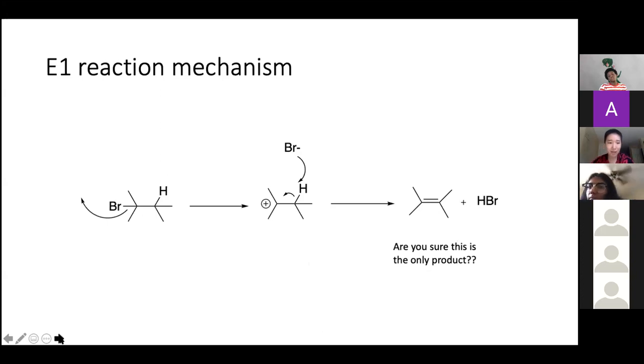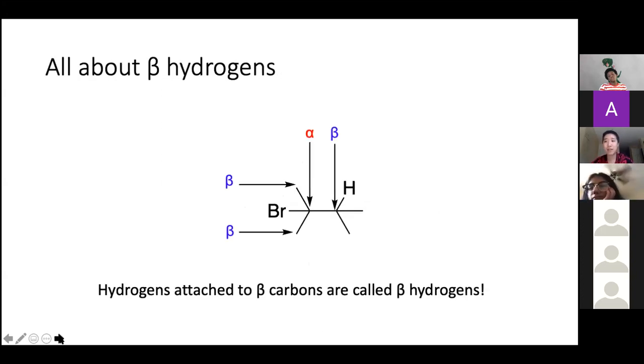We got to still pay attention to other potential products, and it's all about beta hydrogens. So I bet some of you want to ask, what are beta hydrogens? Well, let's look at this picture here. See the carbon that's directly attached to the leaving group? That carbon is an alpha carbon. And if we start from the alpha carbon and go one carbon over, that carbon would be a beta carbon.